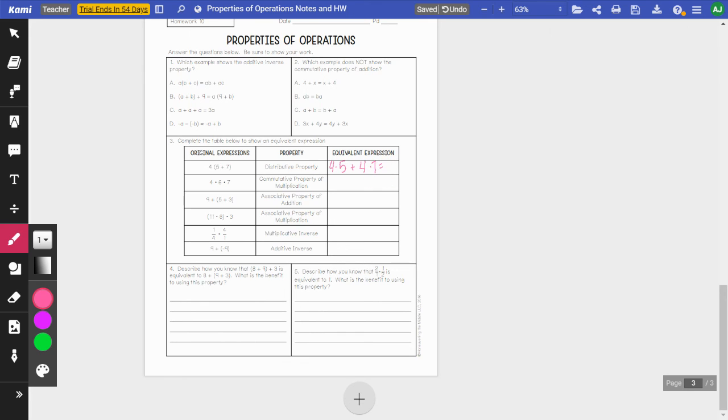And that is going to be 20 plus 28. And that is the same thing as 48. Okay. And then on 4 and 5, it is just asking you to describe the benefits of using that property.